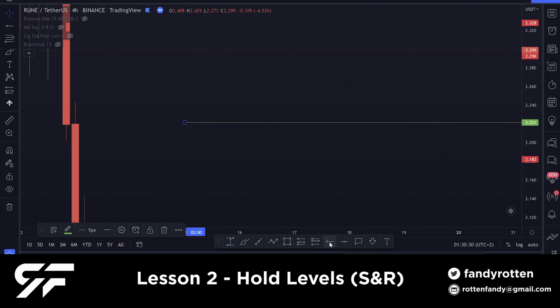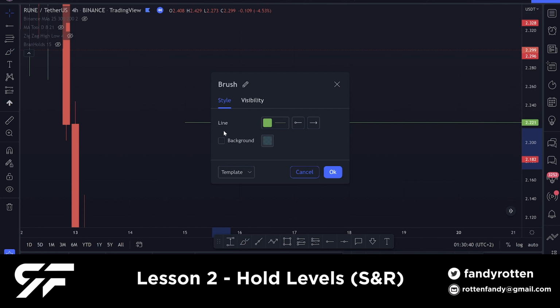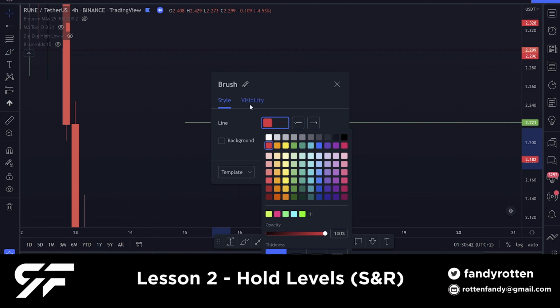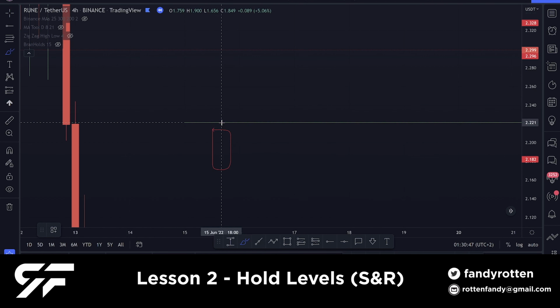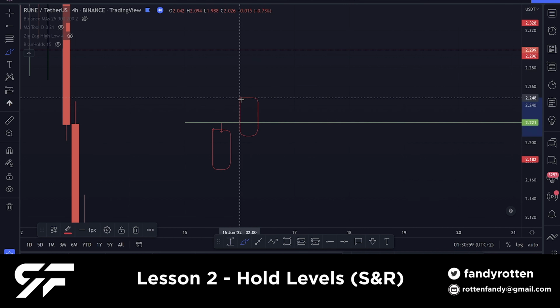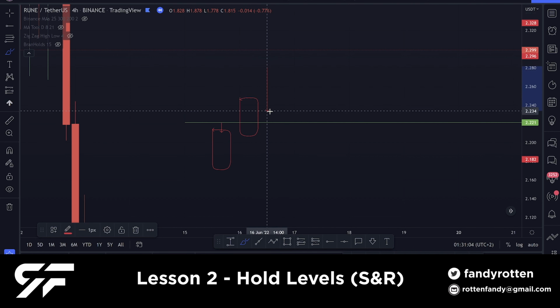So imagine this is a level, and it's a support level, so it has to be red color, correct? And this has to be followed by green candles, so one green candle and then another green candle.